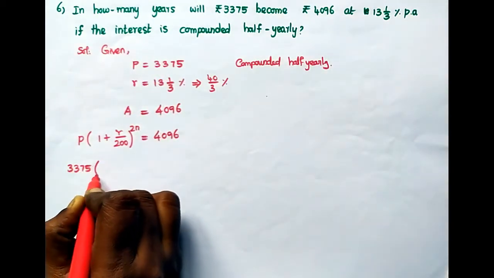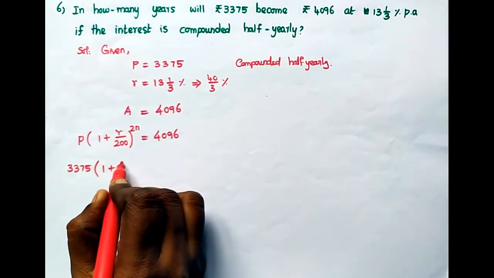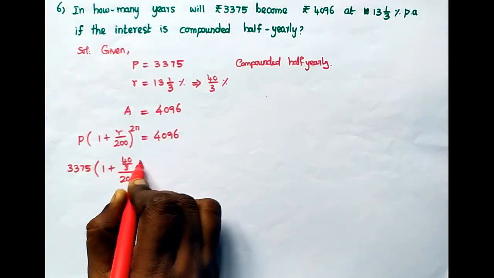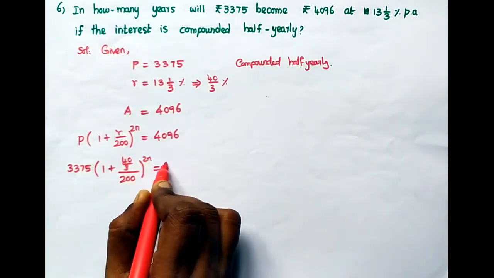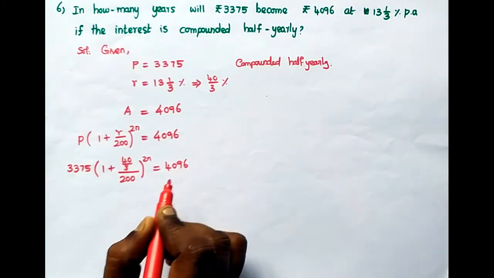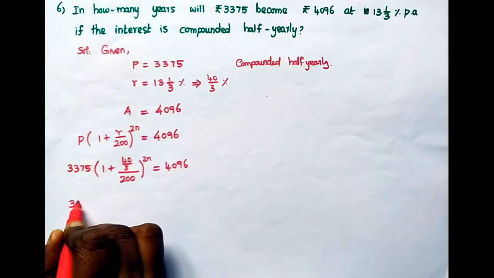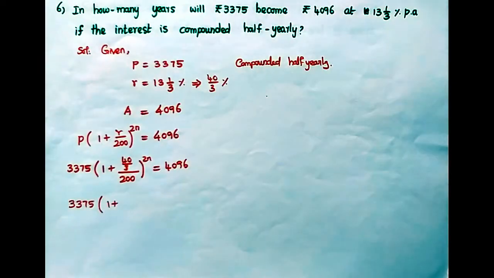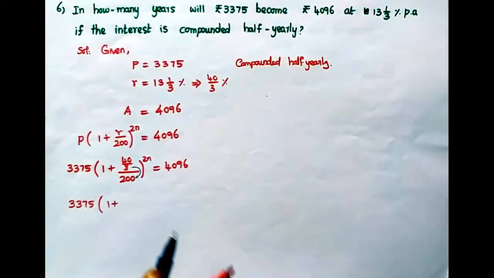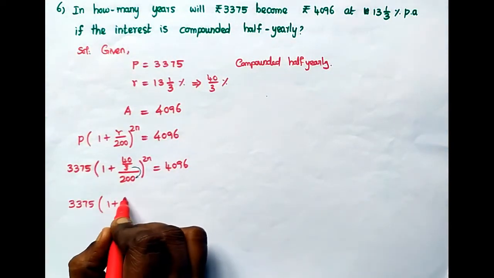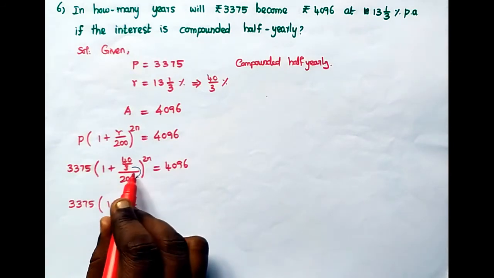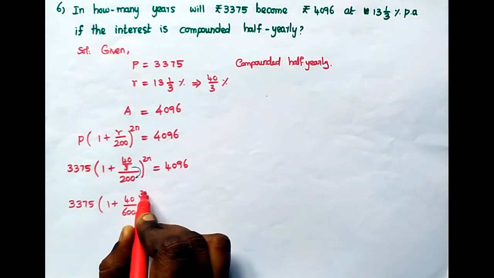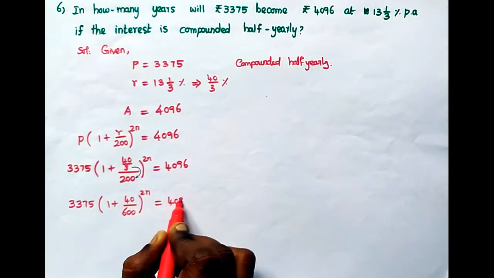3375 into 1 plus R is 40 divided by 3 divided by 200 power 2n equal to 4096, and 3375 into 1 plus, here 3 is multiplied with 200, so 40 divided by 600 power 2n equal to 4096.